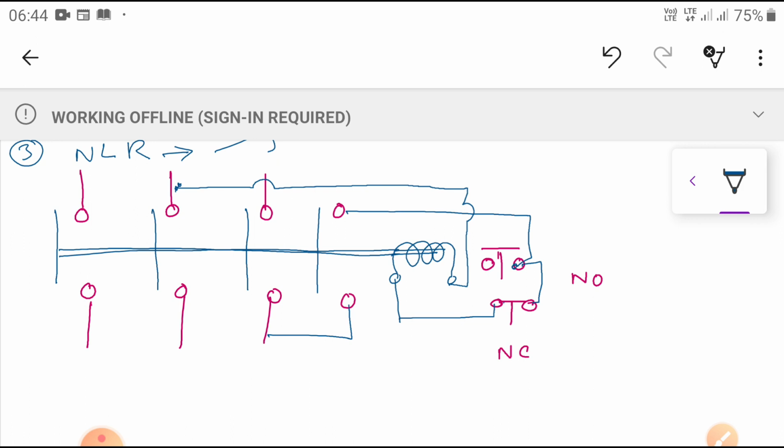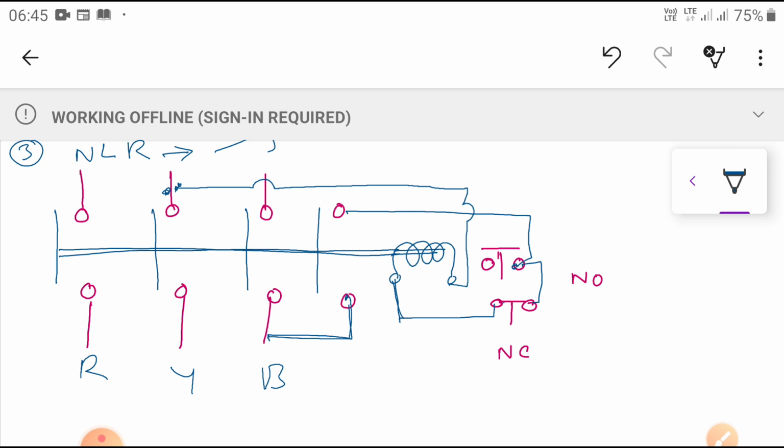Suppose it is closed. R phase, Y phase, B phase. B is connected to here, but it is open. If it is closed, the current is passing through this one, this one, and is going to this one. So from Y phase to B phase the coil is connected here. That coil gets the line voltage between the B and Y phase.